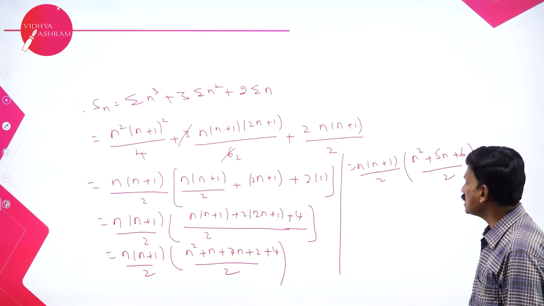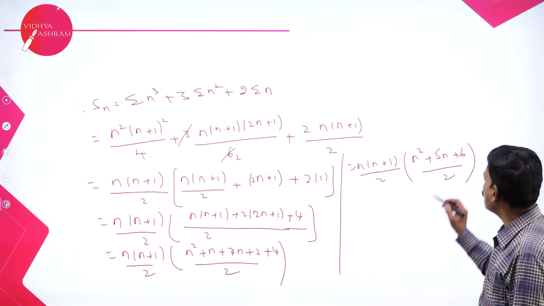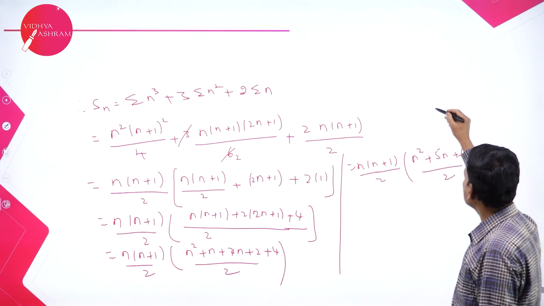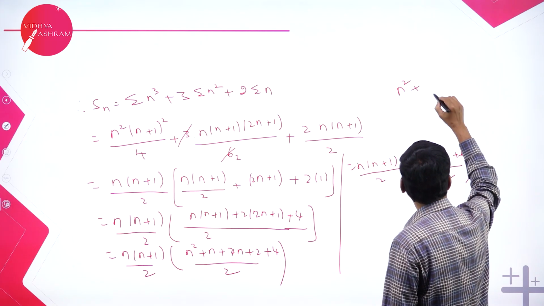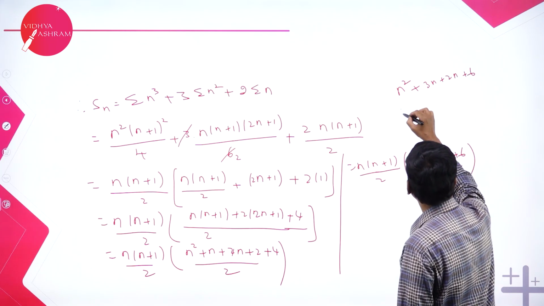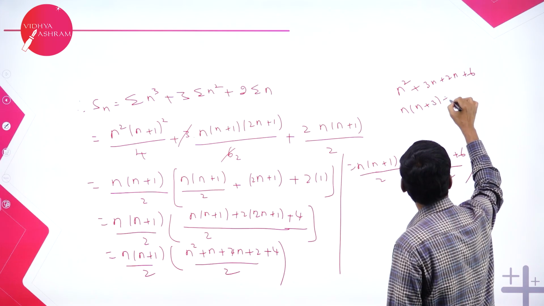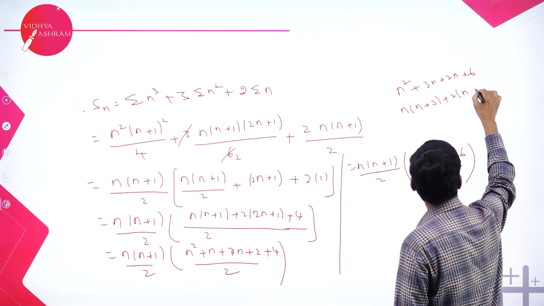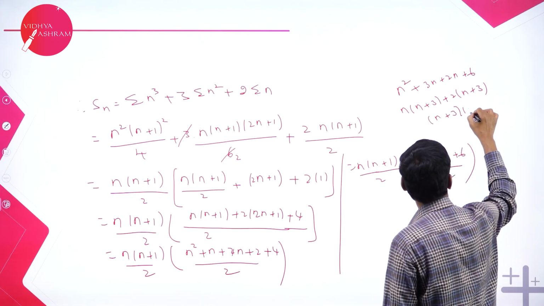Factorize this. If you factorize n square plus 5n plus 6 by splitting the middle terms, so 3 2s are 6, this can be written as n square plus, this 5n can be written as 3n plus 2n plus 6. You can take the common factor, n is a common factor, n plus 3, and 2 is the common factor, n plus 3, the terms are n plus 3 into n plus 2.